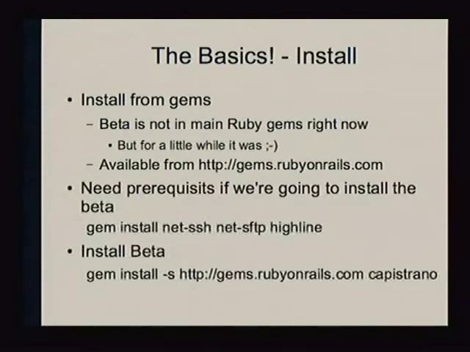SSH and SFTP are pretty obvious in what they do. Highline just gives you some general command line magic. It lets you put little asterisks on the terminal instead of your password. It has a really nice, clean, textual, interactive interface. And then installing the beta gem, once you've met those prerequisites, is gem install -s, which means the server, and the word Capistrano.